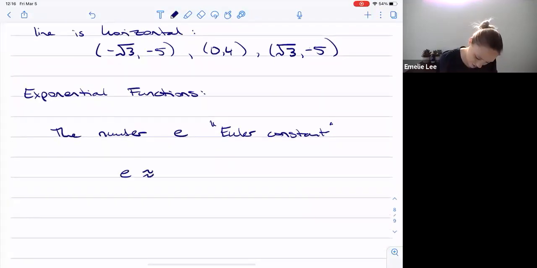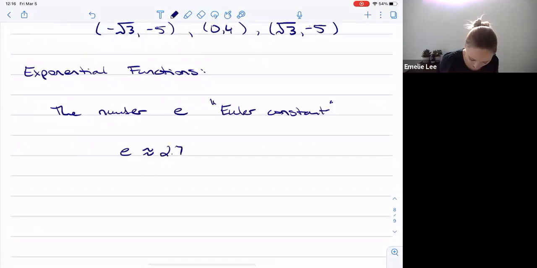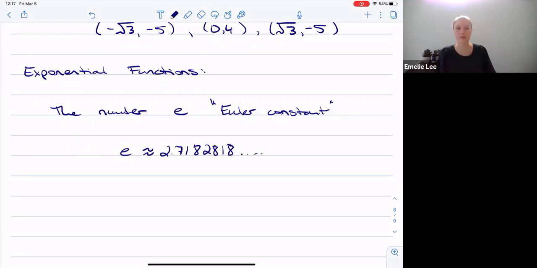So e is roughly 2.7182818. Keeps going forever. So roughly 2.7, 2.72, some people maybe round to.